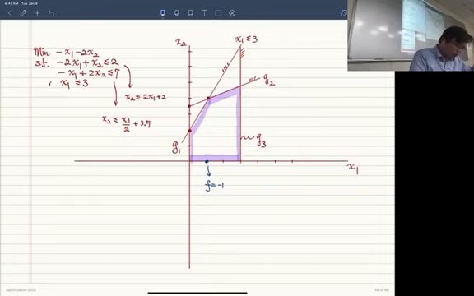So when will I have the same value? I think it's here. So when I have 0 and 0.5, my f is also -1. So my contour actually looks like this.